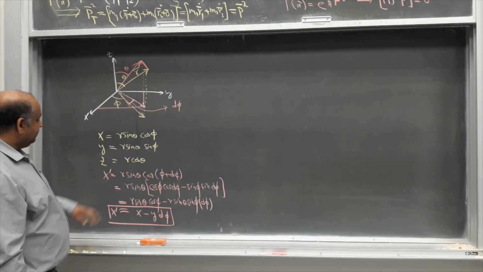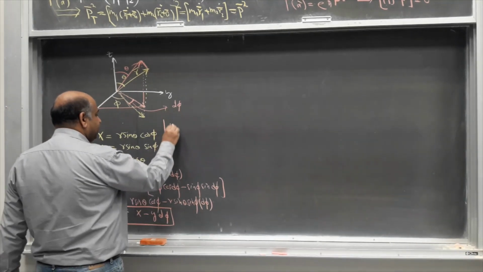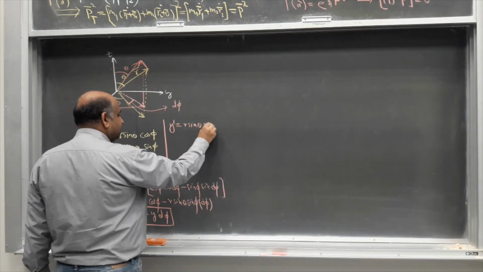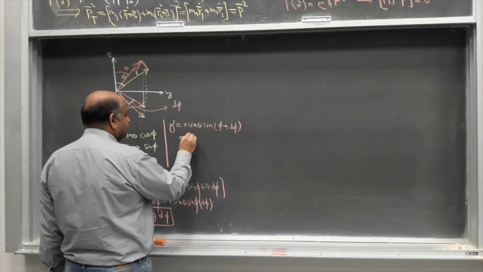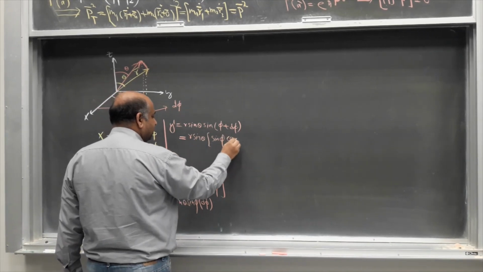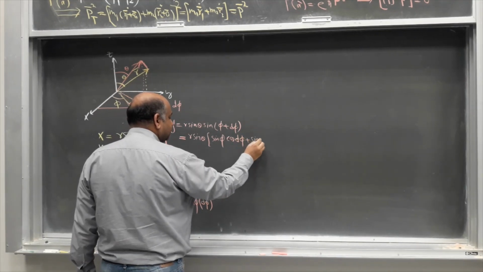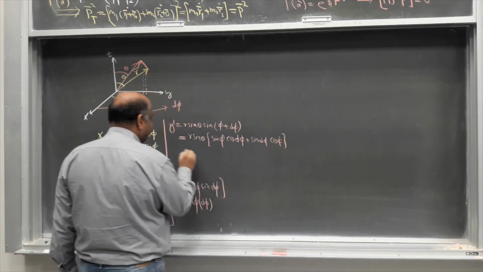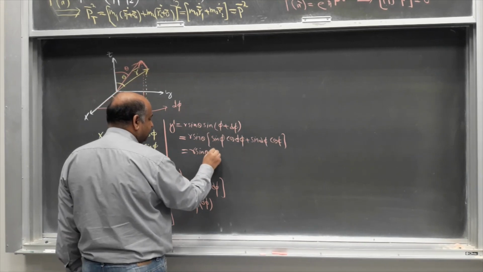Let's see what y becomes. So y prime is r sine theta sine of phi plus d phi, which is r sine theta times sine phi cos d phi plus sine d phi cos phi.